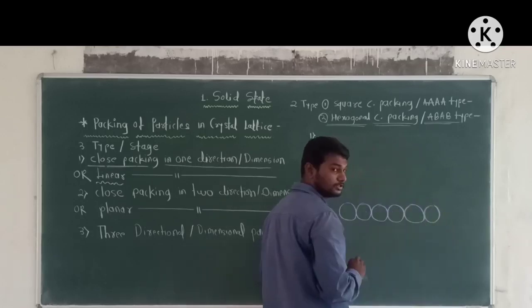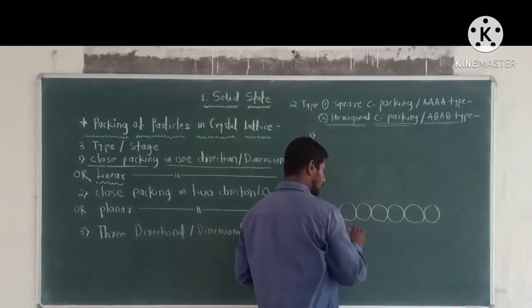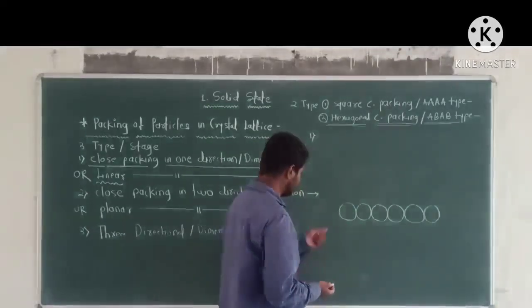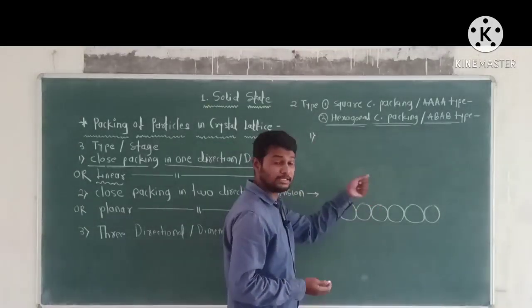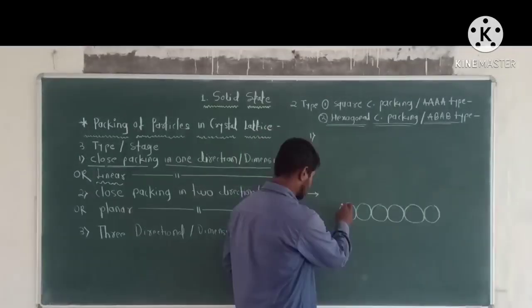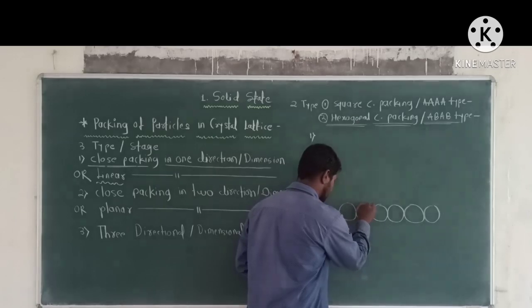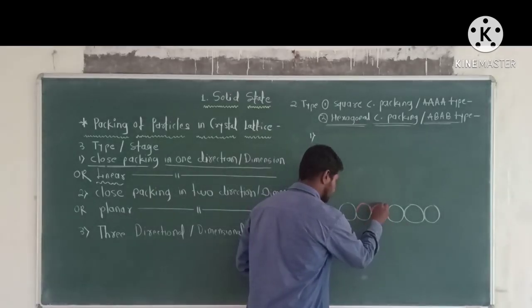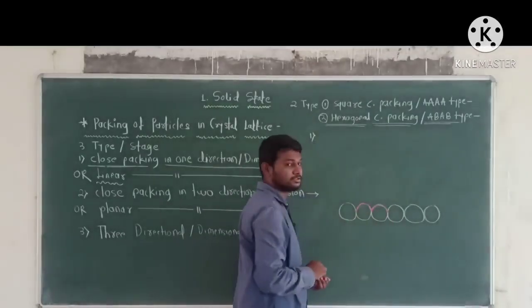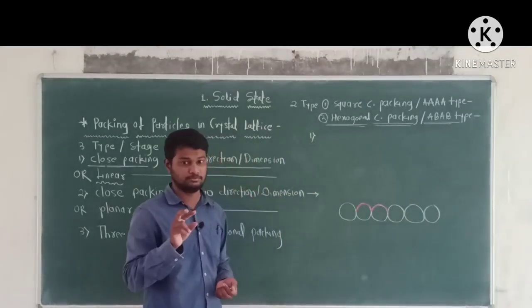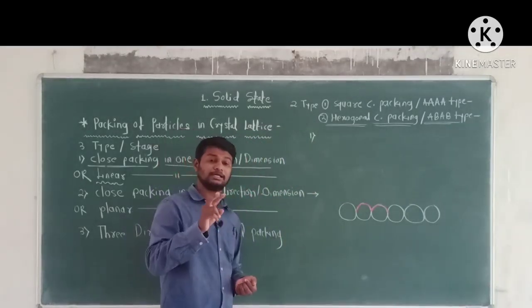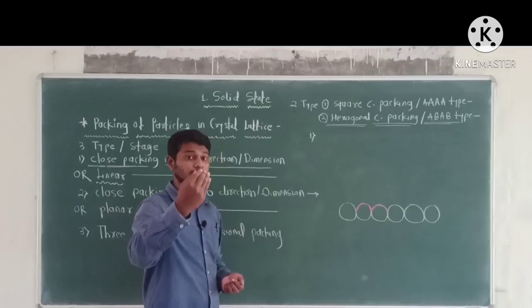This is a row of constituent particles. Now another row of constituent particles is placed over this row in such a way that the crest, this is the crest, this is the crest. These crests are placed between the troughs of 2 other constituent particles of the other row.